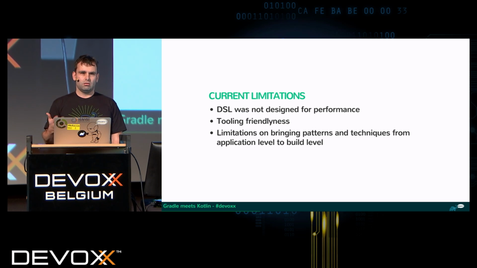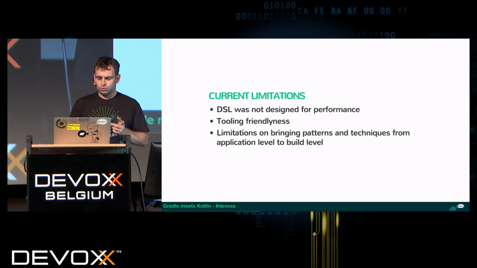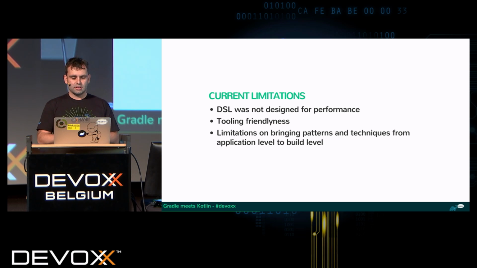When the original DSL was designed, or the crucial elements of it, it was not designed for performance. So there are things we do in our Groovy-based DSL which can hit some performance issues.